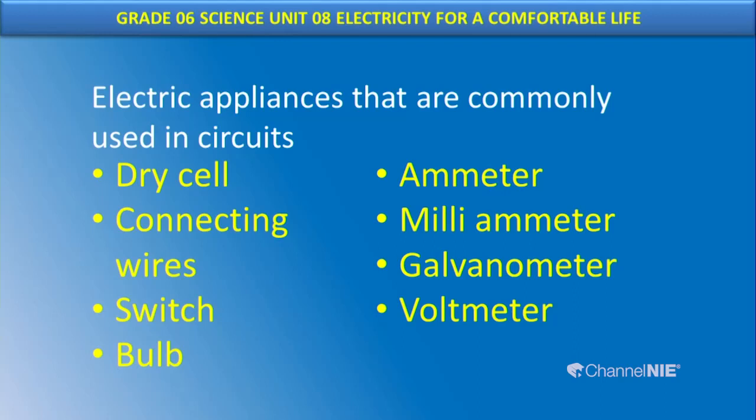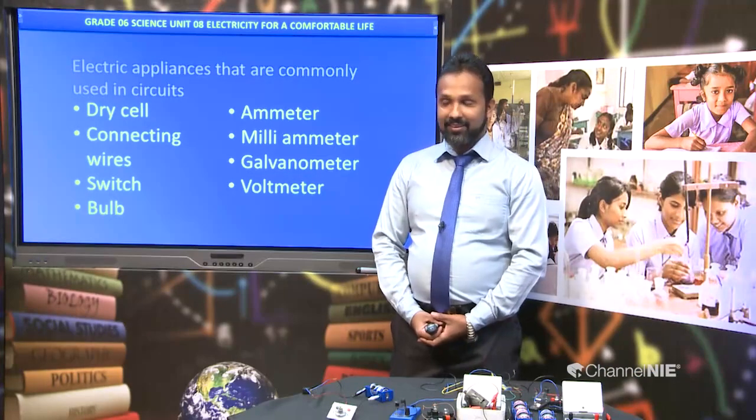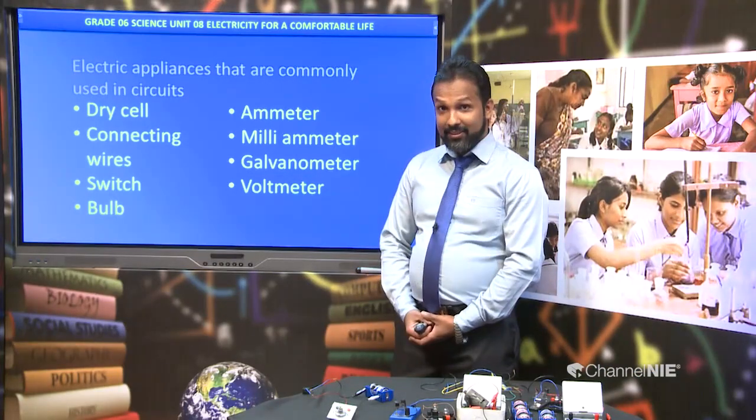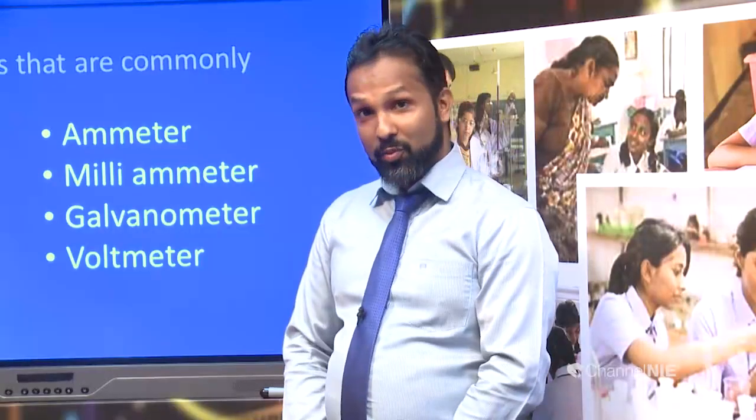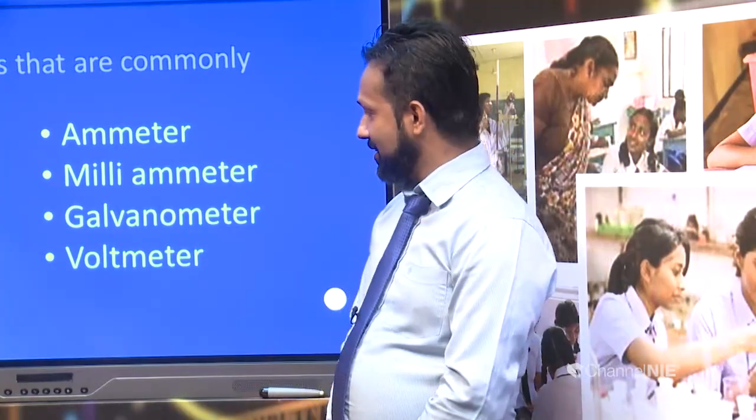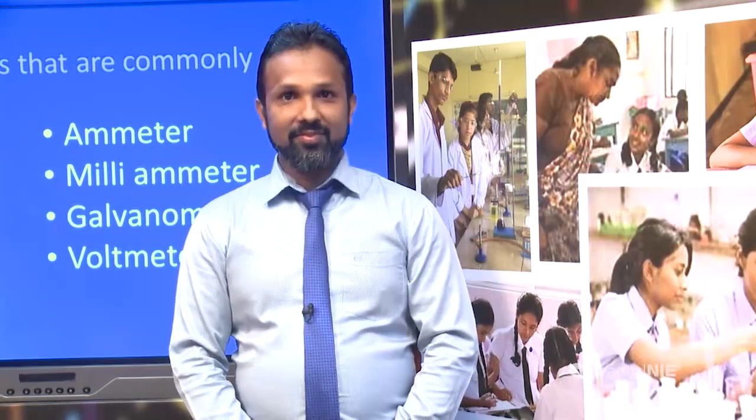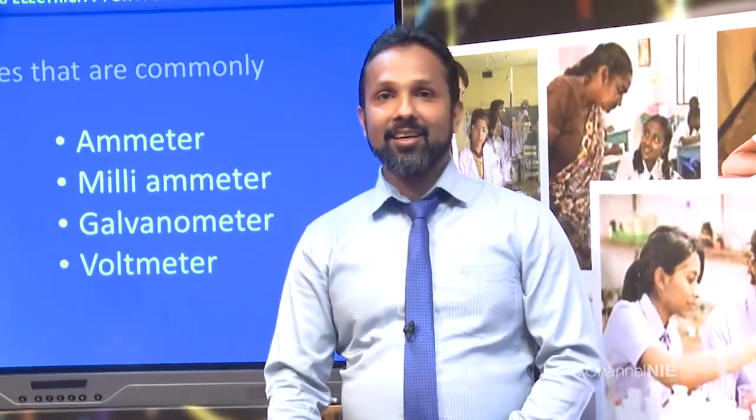Then we can study about bulbs. You all know there are various types of bulbs. Next one, ammeter, milliammeter, galvanometer and voltmeter. Right, my dear children.